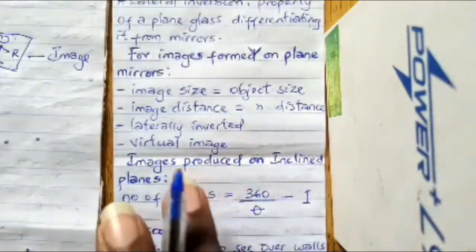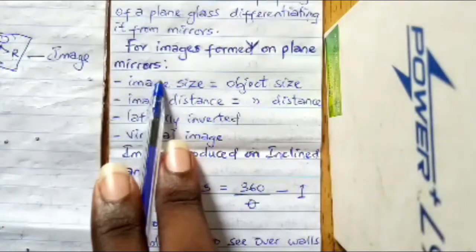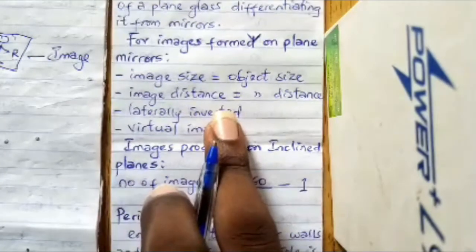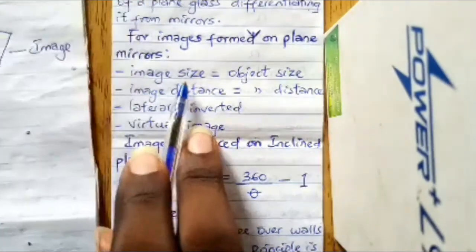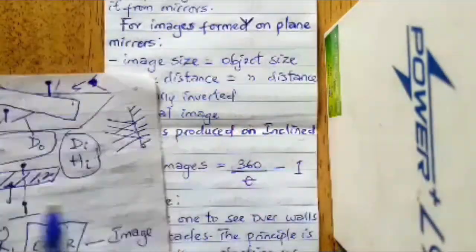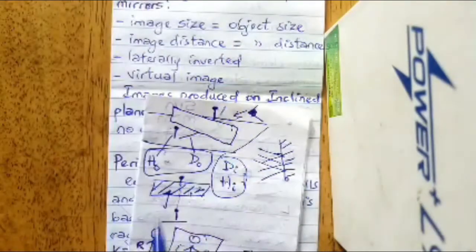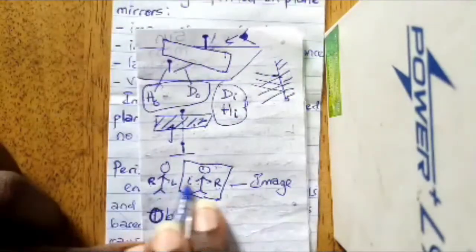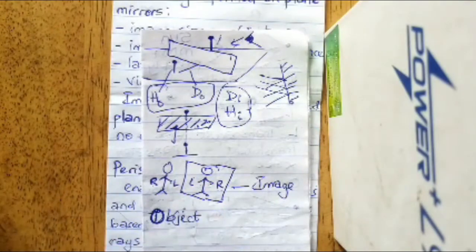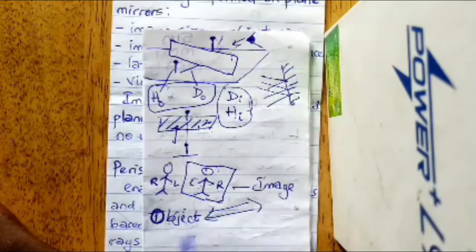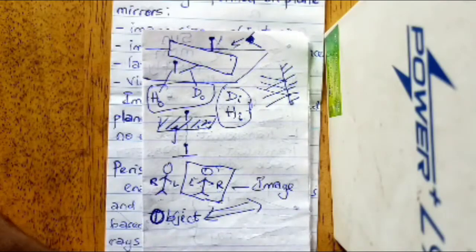So we have images formed on plane mirrors. For images formed on plane mirrors, the image size is always equal to the object size. The size of the object should always be equal to the size of the image in plane mirrors.